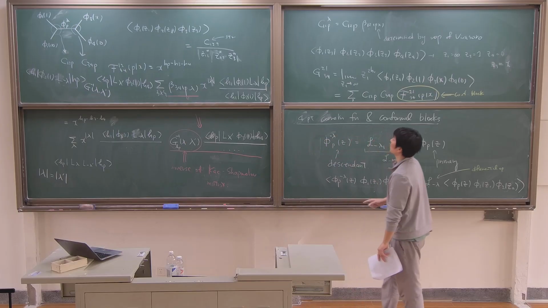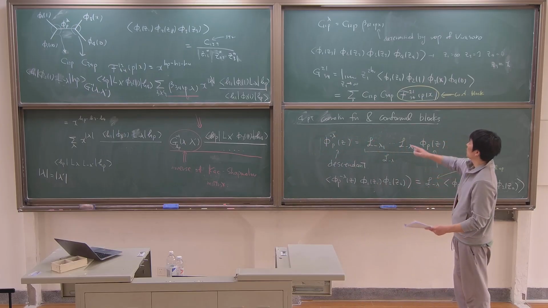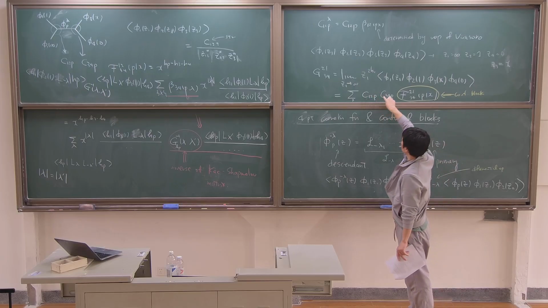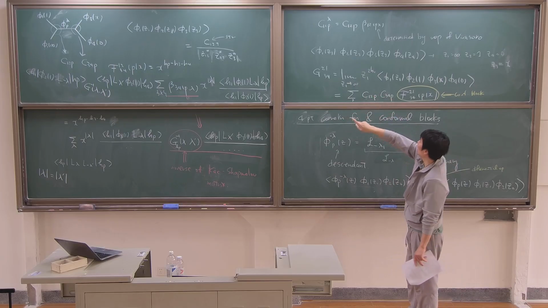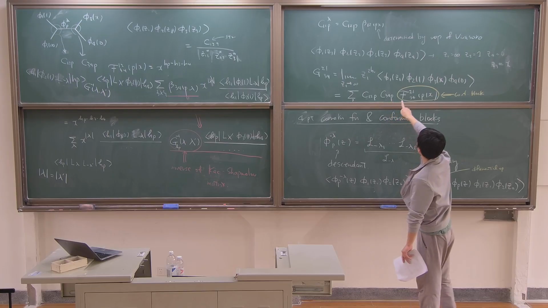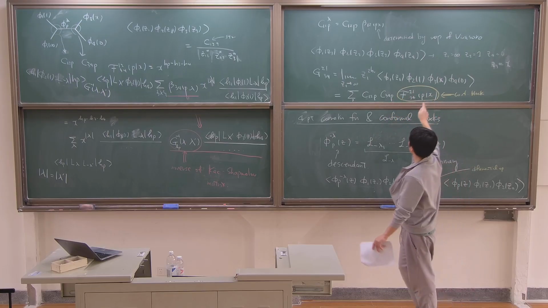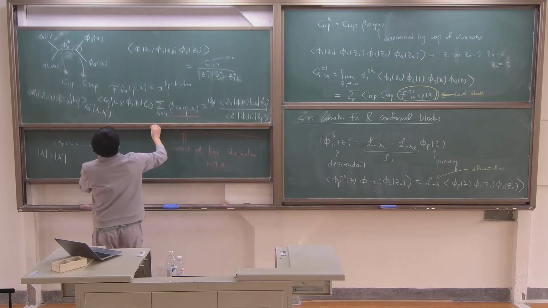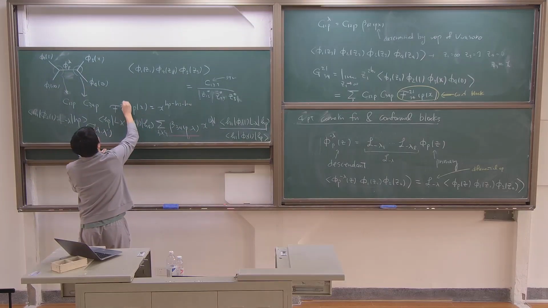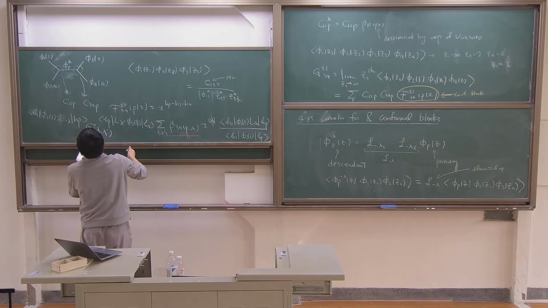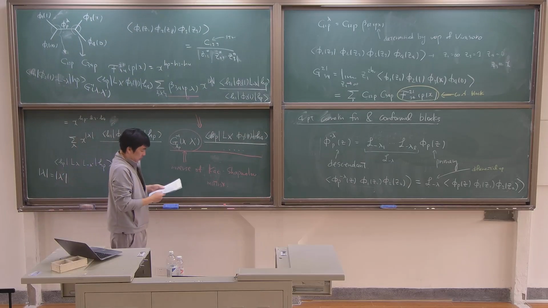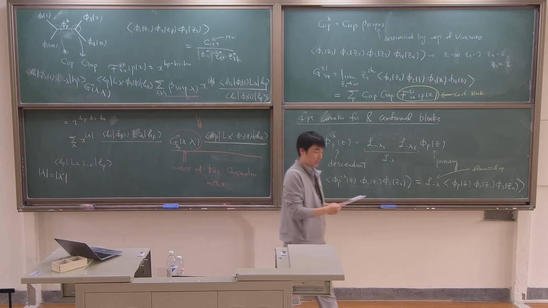And to compute the correlation function, or 4-point function, you just insert the structure constants between 1 to p and 3 to p, and then insert this conformal block. Somehow my notation is too long. I don't know why. Anyway. Okay, so that's the case.